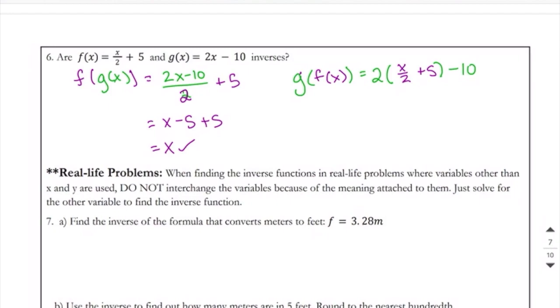If we distribute that, the 2 times x over 2 just becomes x, plus distribute this, we get 10 minus 10, which is x. And again, we got yes, they're inverses because both times we got x. If one of them doesn't equal x, then your answer is no, they are not inverses.